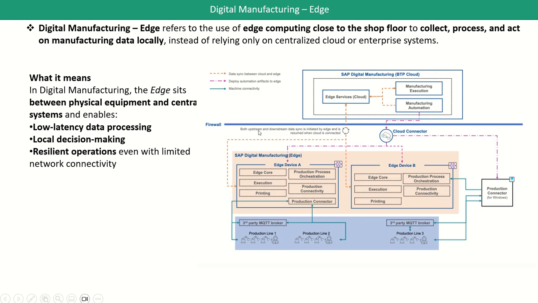You can see that both upstream and downstream data sync is initiated by the edge and is resumed when the cloud is connected. This happens through a cloud connector, which is required because the communication is happening from on-premise to cloud.